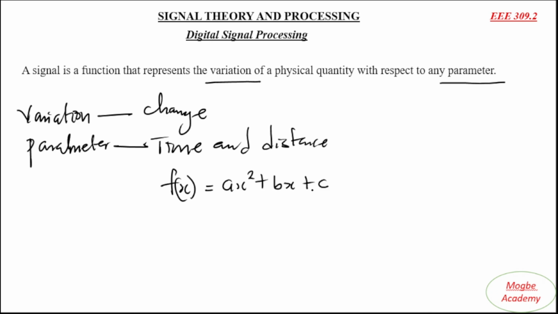How can you interpret what we have here? You can simply interpret this by saying we have a dependent function, and that dependent function is dependent on an independent variable. So x here simply stands as your independent variable.